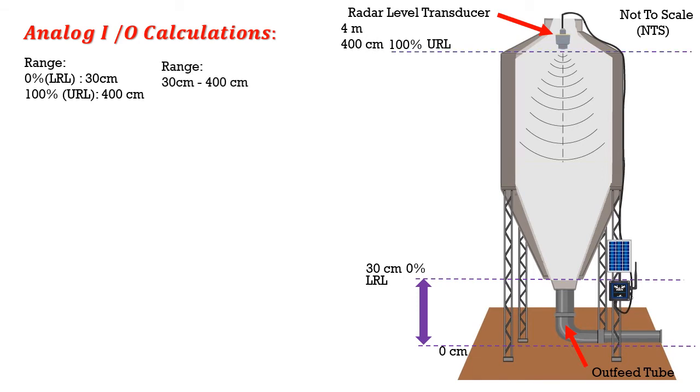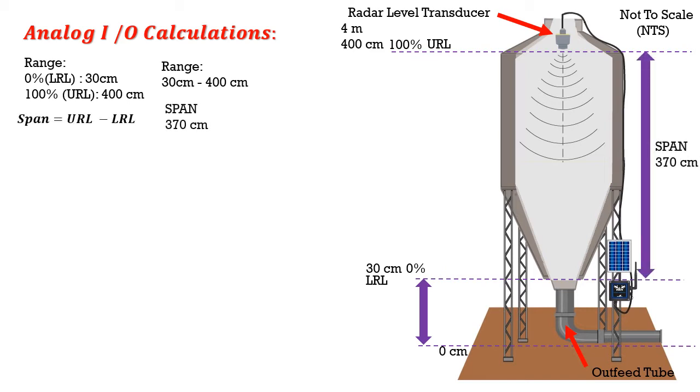And 100% full is at 4 meters above ground. And this would be our upper range limit. How much can our vessel hold? Well, that's our span. Between 0% and 100%, we have 370 centimeters worth of distance.